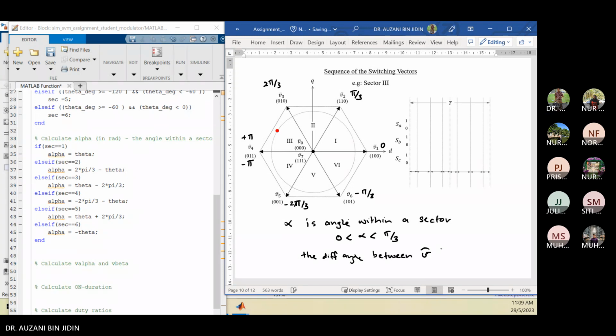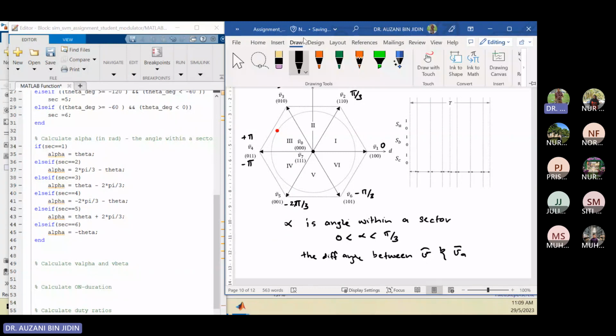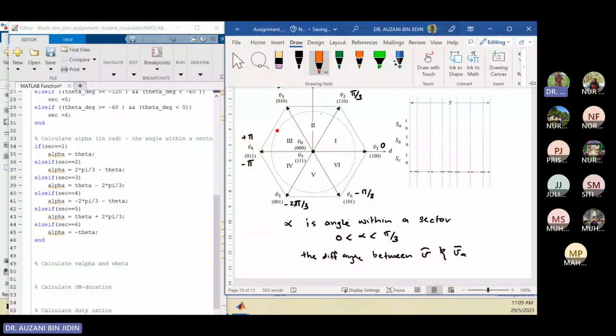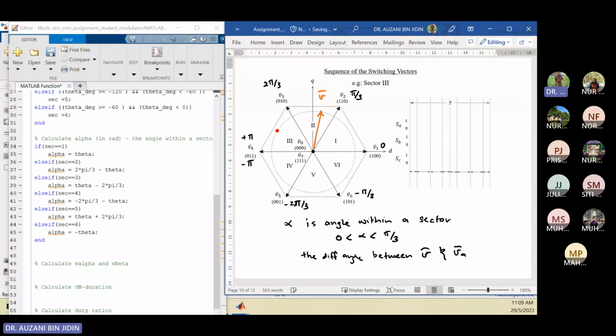You need to identify VA, the first adjacent vector to be selected within a switching period for any angle. For example, for sector number 2, let's say we set sector 2 here, so your reference will be here. Before you determine the angle, you need to identify the vector VA. In sector number 2, VA will be V3 or V2?